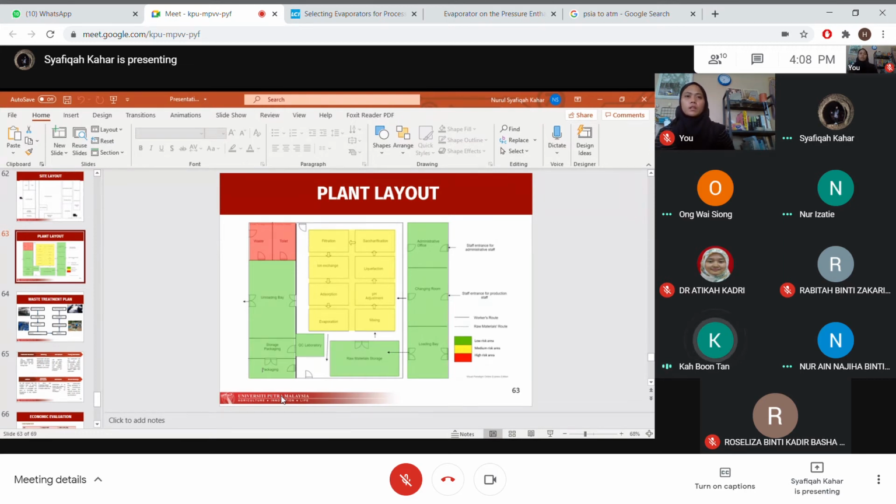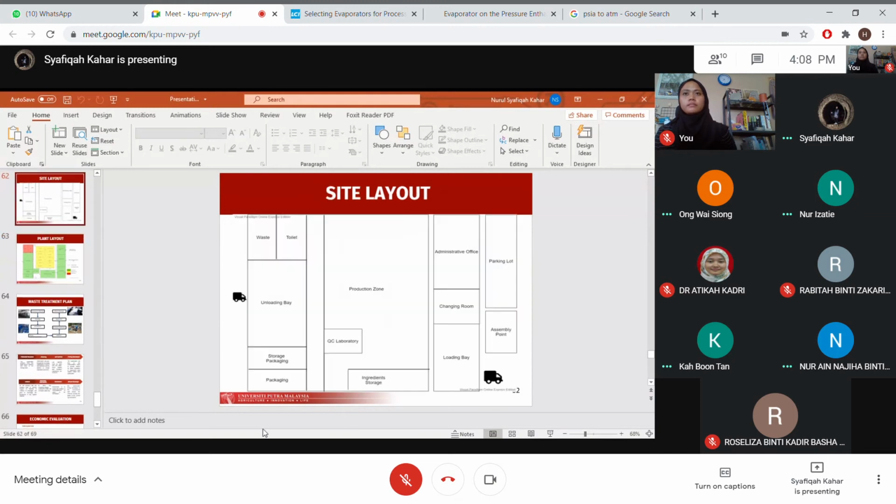Can you look at 62 first? I need to understand what the unloading bay is doing and what the loading bay is doing. The loading bay is where the raw materials enter the factory, and the unloading bay is where our finished products go to. I see.